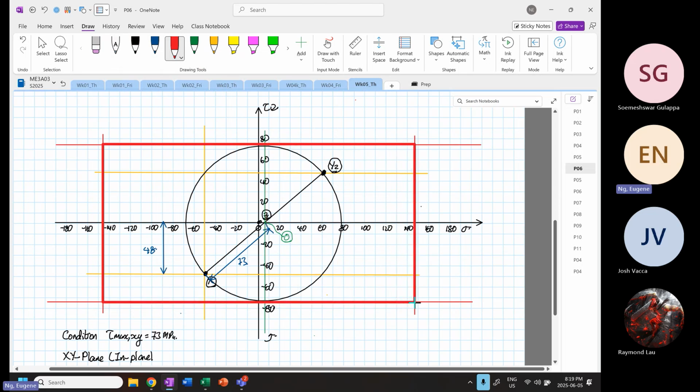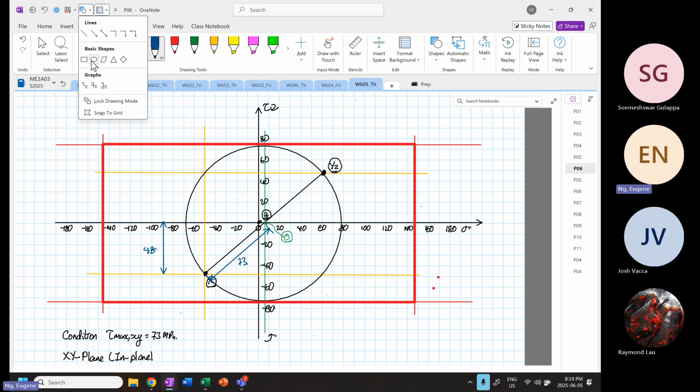But again, we have to construct the 3D Mohr circle, right? Okay, so now we are going to sketch the 3D Mohr circle.